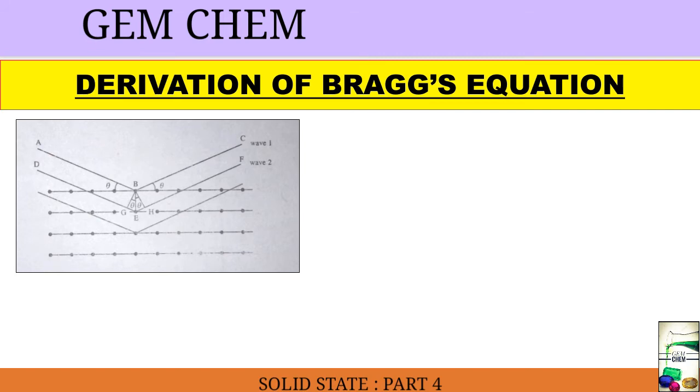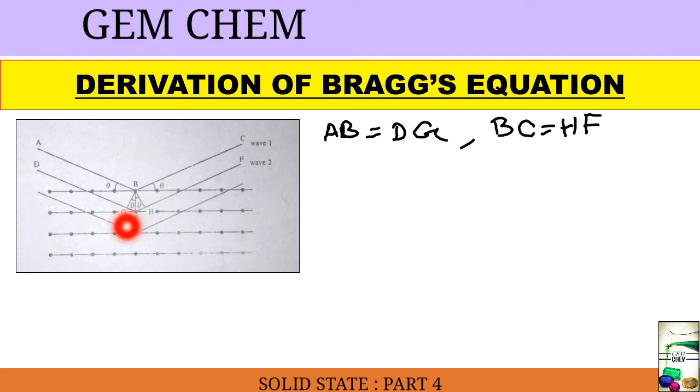So what we obtain from this figure is that AB is equal to DG, and BC is equal to HF, and from here, GE and EH are each d sine theta.